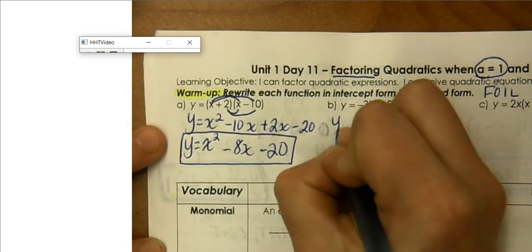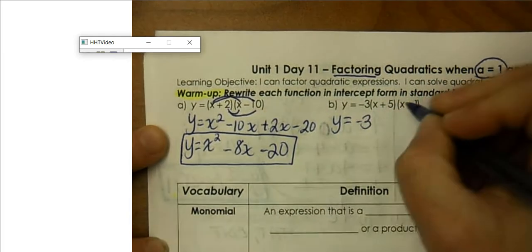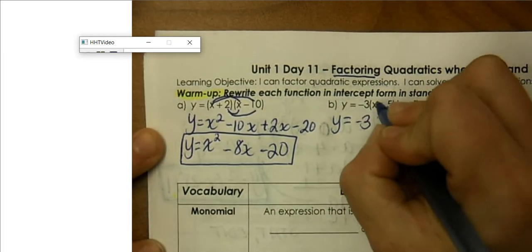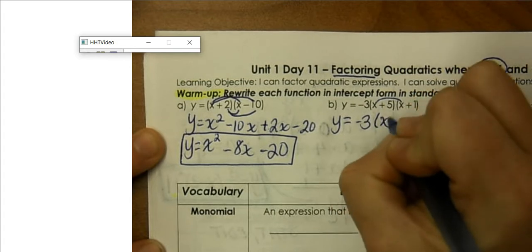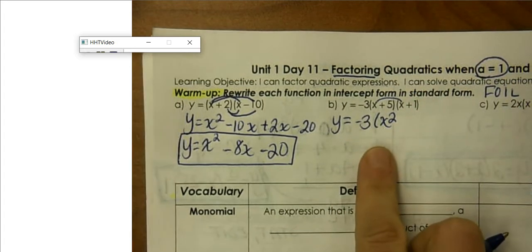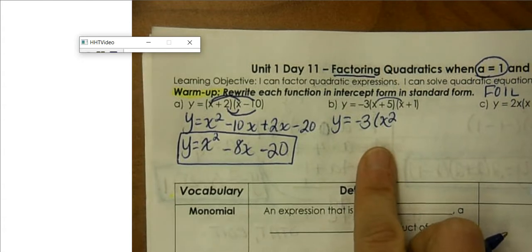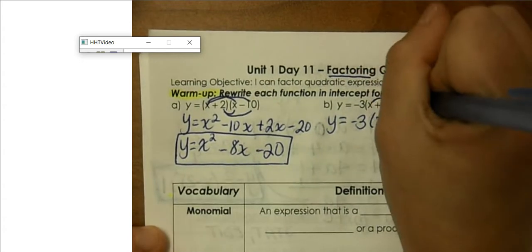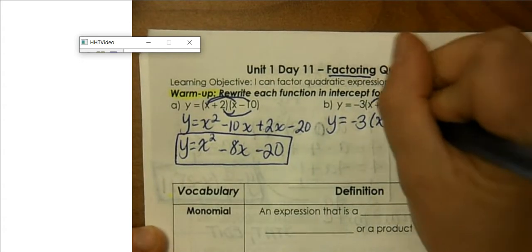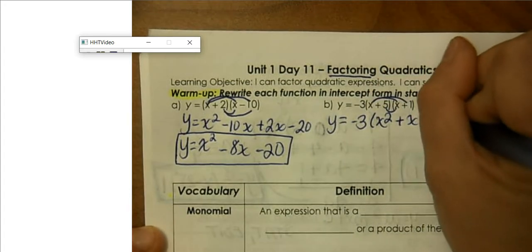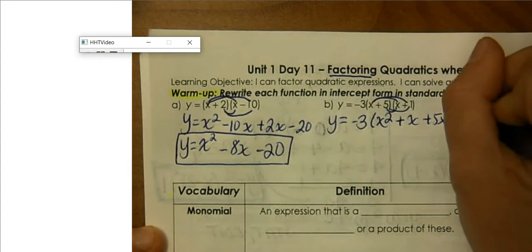So what that looks like is negative 3 stays on the outside, and I'm going to FOIL. x times x will give me an x squared, and this stays inside of parentheses because I'm not quite ready to multiply by negative 3 yet. x times positive 1 is plus x, 5 times x is plus 5x, and 5 times 1 is plus 5.